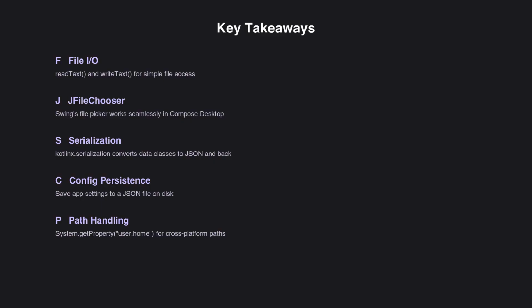Let's recap the 5 key things we learned today. First, File.readText and writeText for simple file access. Second, JFileChooser. Swing's file picker works in Compose Desktop.